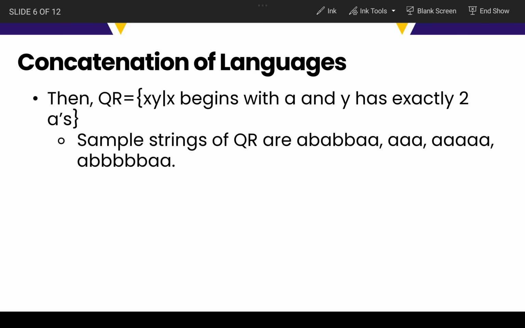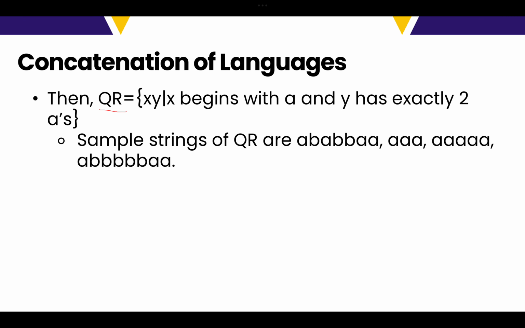So, an example string that can be derived from this concatenation of Q and R is this one. It begins with A, so that is our X. So, A, B, B. Then, has exactly 2 A's, that is our Y. Now, for this next string, it begins with A, then has 2 A's.